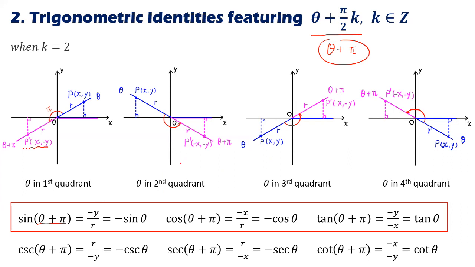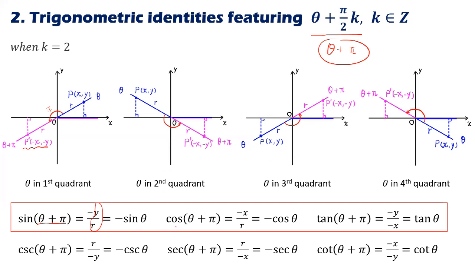So minus y over r. Note that y over r in the original angle theta is defined as sine theta. So in this way, we have proved that sine of theta plus pi is minus sine theta, right? Any questions?